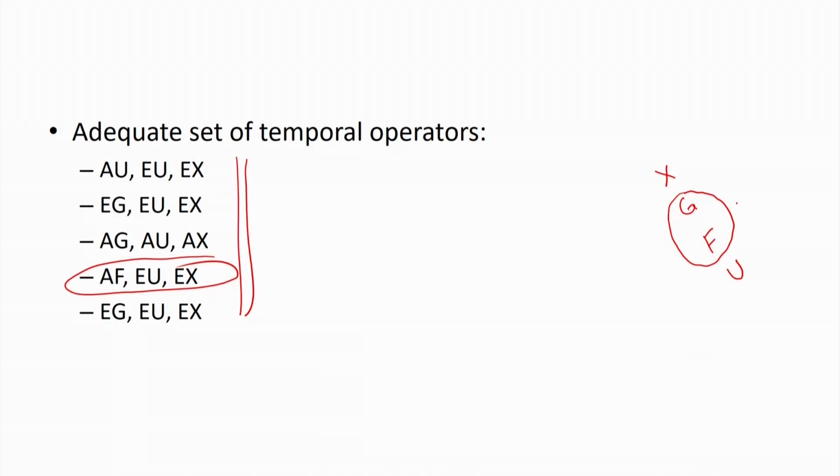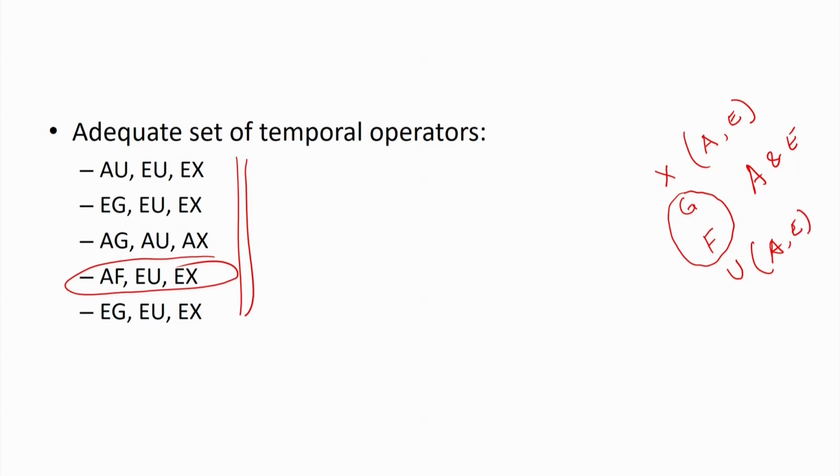So, we have a relationship between E G, G and F along with the path quantifiers A and E: in all paths, and there exists a path. Similarly, X has a relationship for all paths and there exists a path, and E also has a relationship with A.